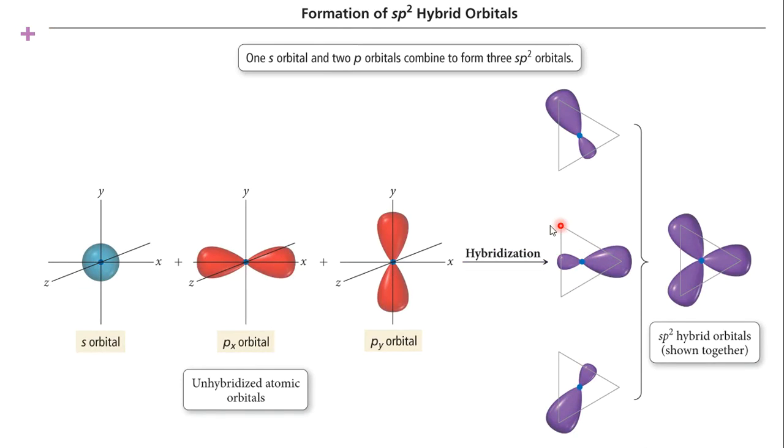Here's a picture of what that looks like. So I put in an s, I put in 2 of the p's. So I put in 3 things, I get 3 things out. When these guys line up, they're going to do the same thing, try to get the maximum bond angle between the 3 fat sides. So the geometry that we'll see here is trigonal planar. That unhybridized p orbital is going to be important a little bit later.